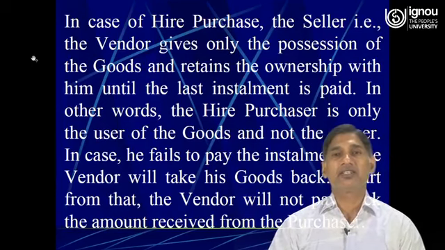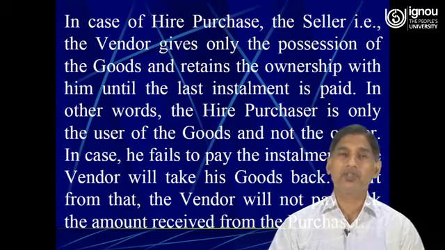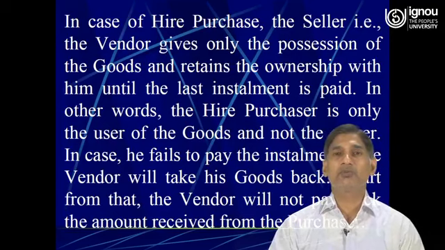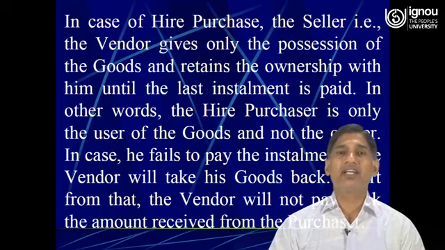In other words, the hire purchaser is only the user of the goods and not the owner till the time he makes the successful payment of his last installment. So, in case he fails to make the payment of the installment, the vendor will take the goods back. Apart from that, the vendor is also not under the obligation to pay back the amount which he has already received from the buyer.